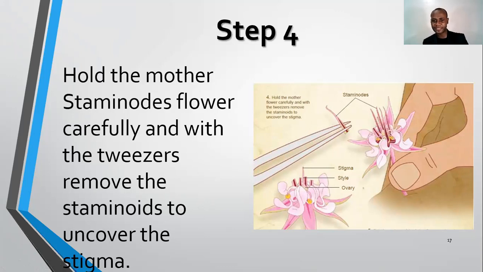After it's done, it's going to look like this. So the staminodes have been removed, and then you have the stigma over here. This is the female part of the flower.